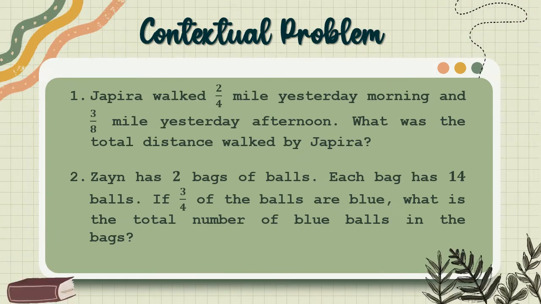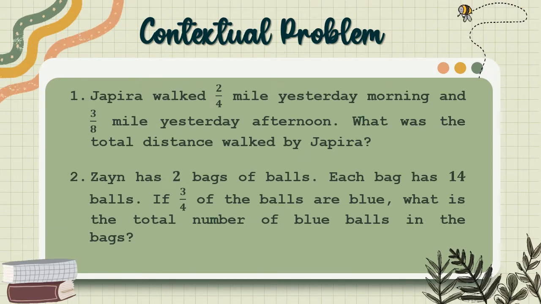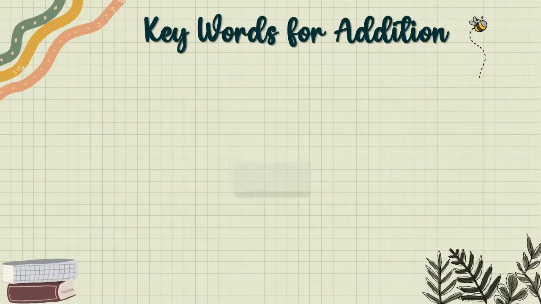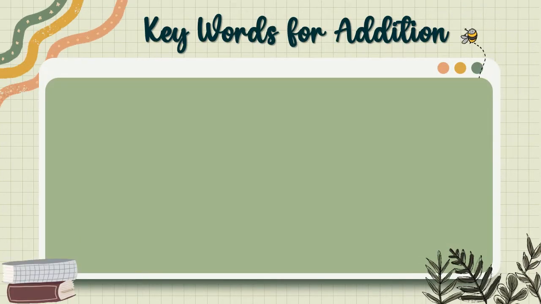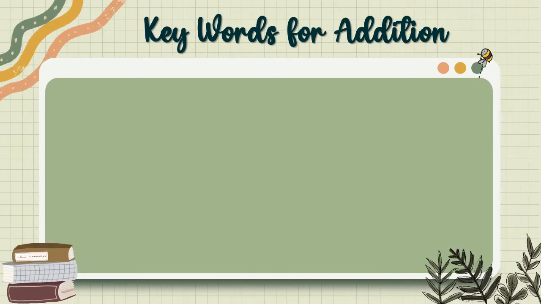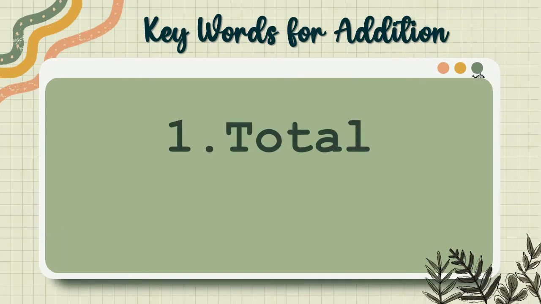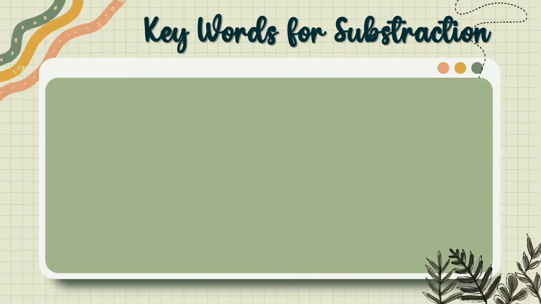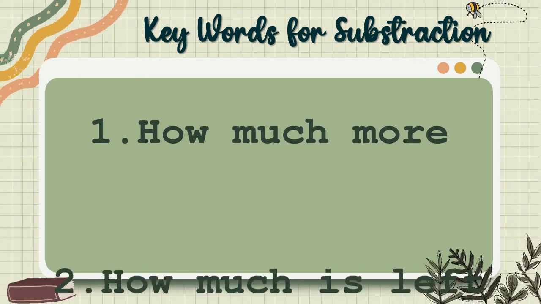Today we are going to learn about fraction operations in contextual problems. Before that, I want to show you some keywords to make it easy for you to decide what operation you will use. Remember, these keywords are usually located at the end of the sentence, namely the question. The keywords for addition are total and habitual. The keywords for subtraction are how much more and how much is left.